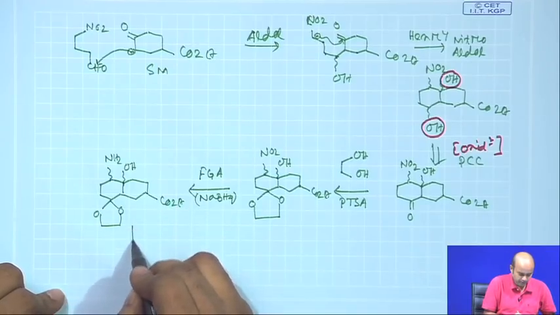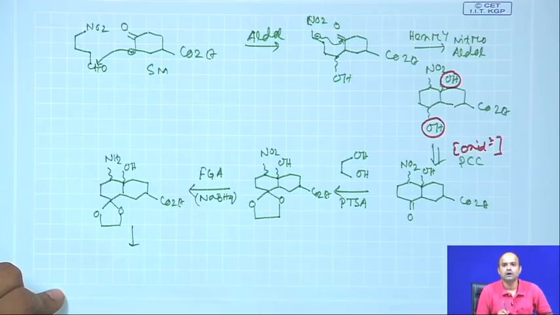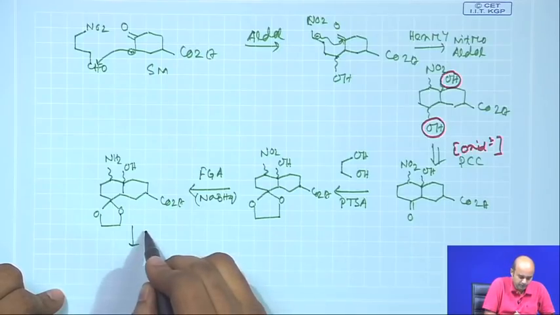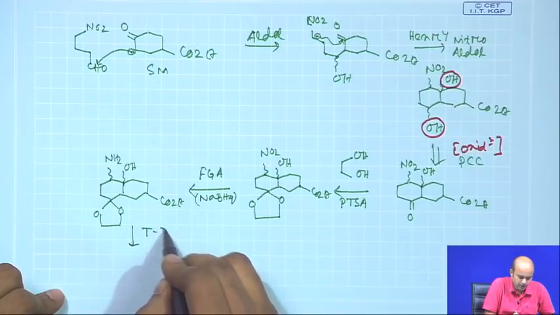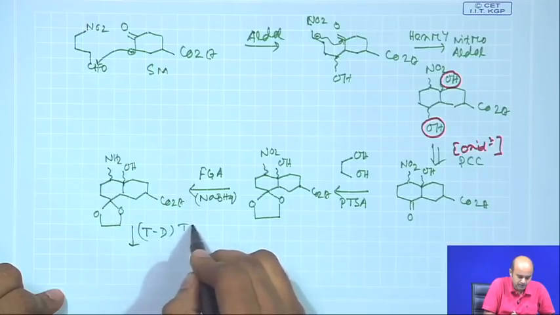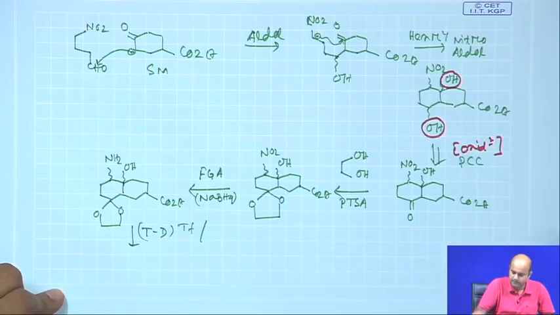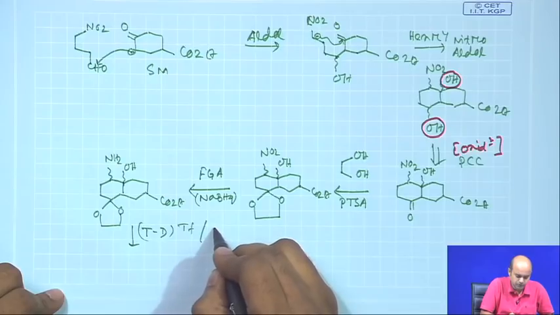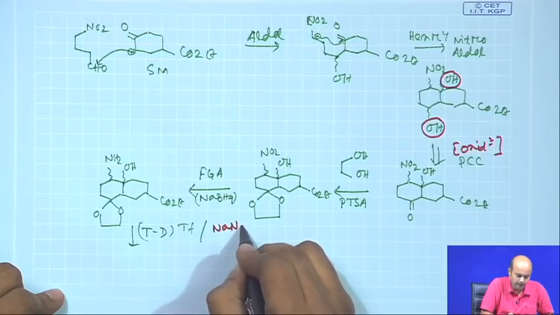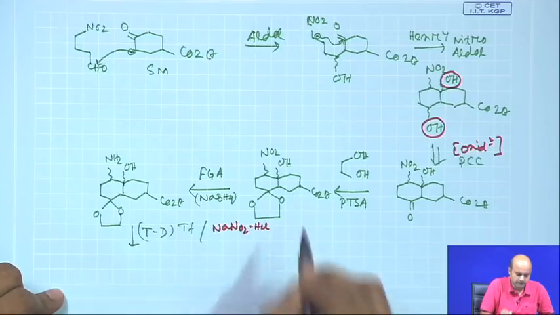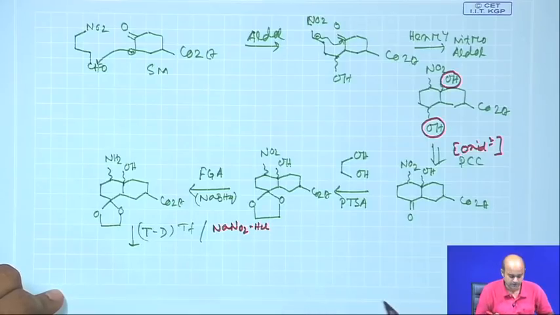Now, your Tiffeneau Demjanov reaction will be in action. Is it Tiffeneau Demjanov transformation. Now, what is the reaction condition? The reaction condition we basically use sodium nitrite and HCl. The diazotization condition.